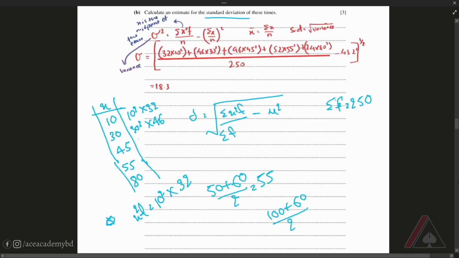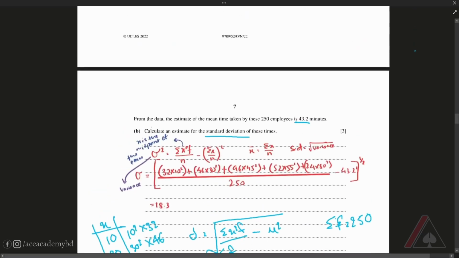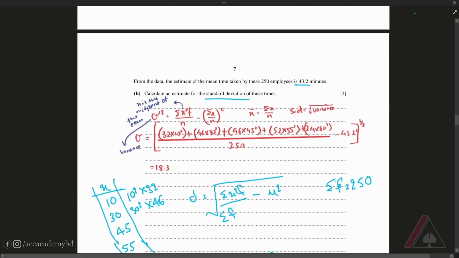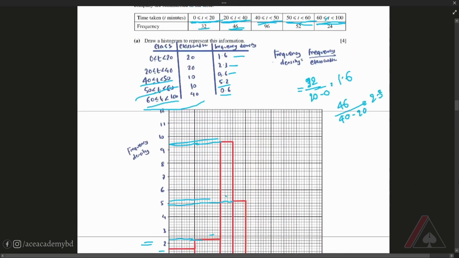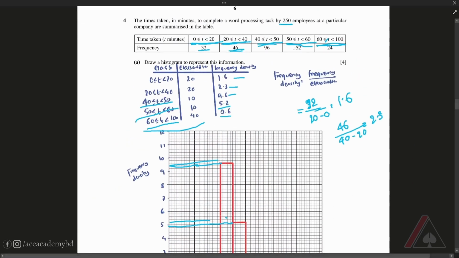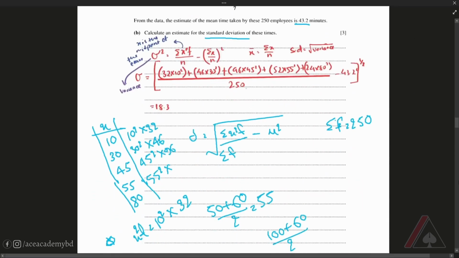For 40 to 50, let's take a look, it was 96. So 45 square into 96. 55 square, let's take a look at the frequency. It is 52. So 55 square into 52, and 80 square into 24.